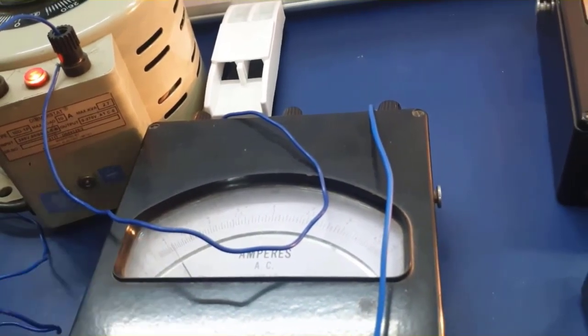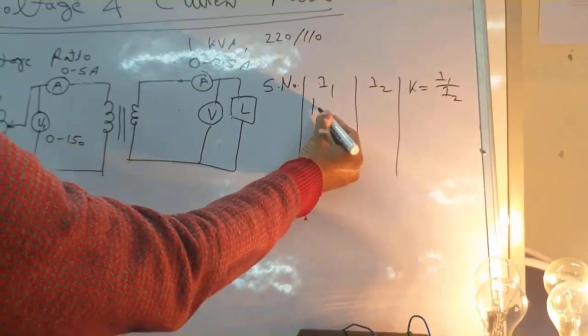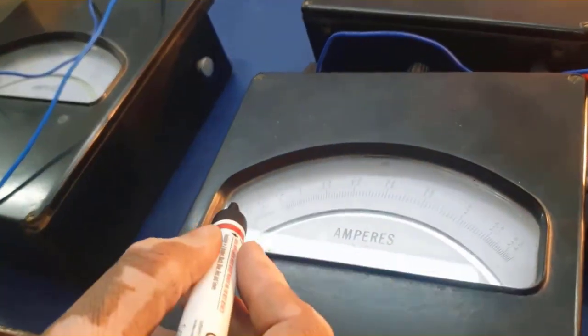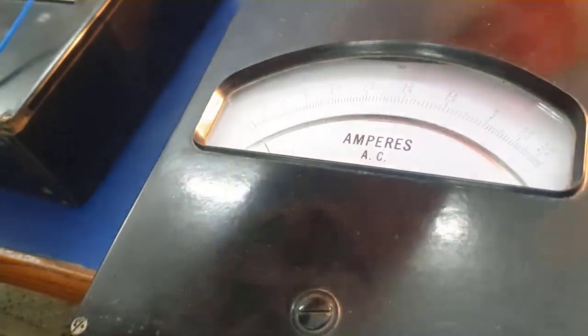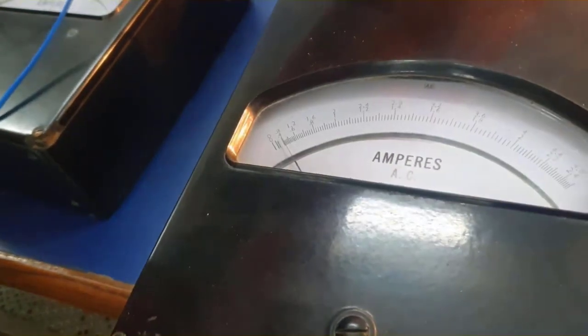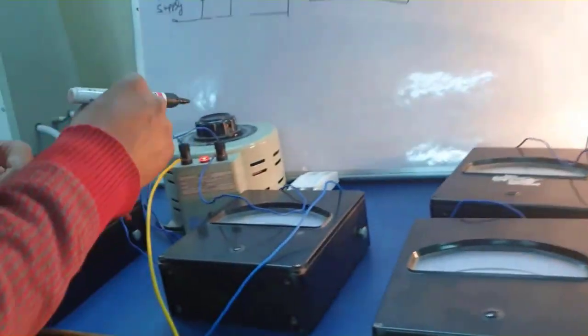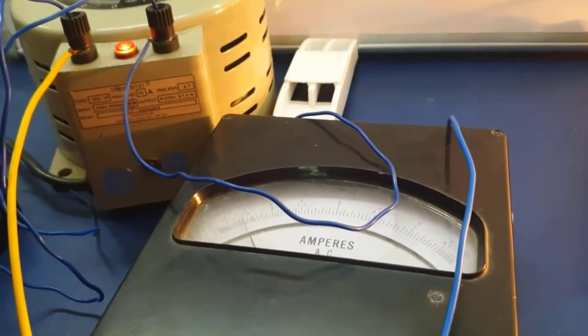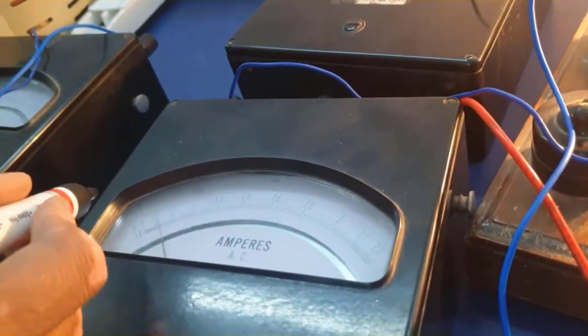It's 1.1, and I2 current here is 0.5. Similarly for the second reading, switch on the second bulb and its value is 1.4, and I2 is 0.7.